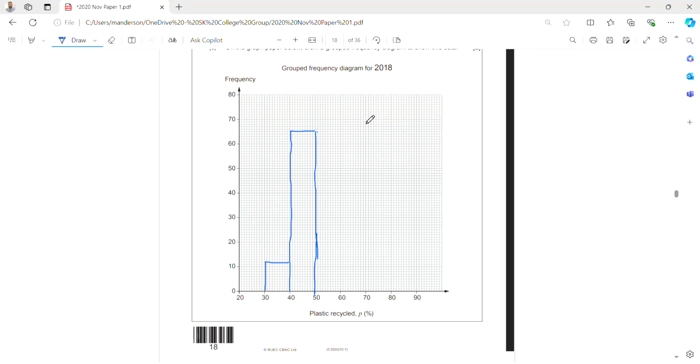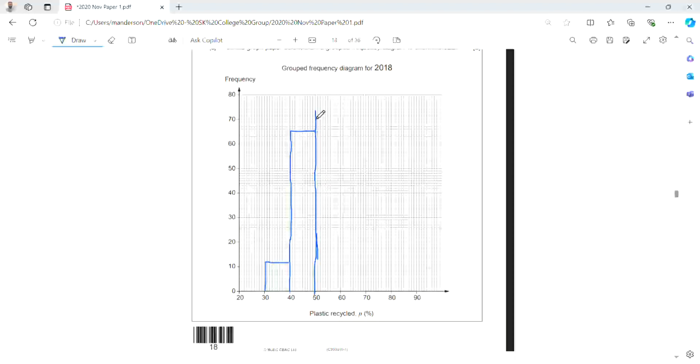Again, you'll have to excuse, I am trying to do this as best I can on a graphics tablet. Between 50 and 60% was 74. 74 people, so I'm going to go to a height of 74.